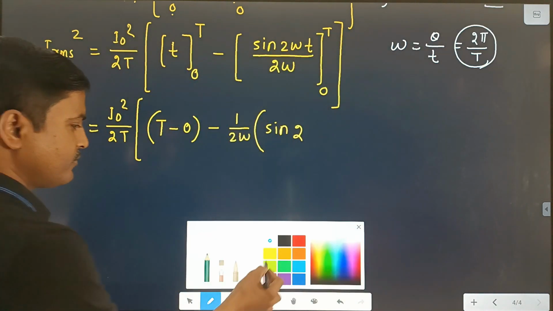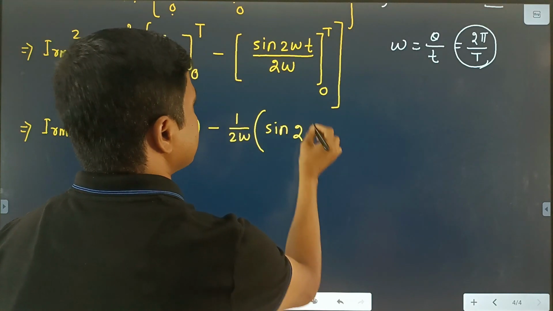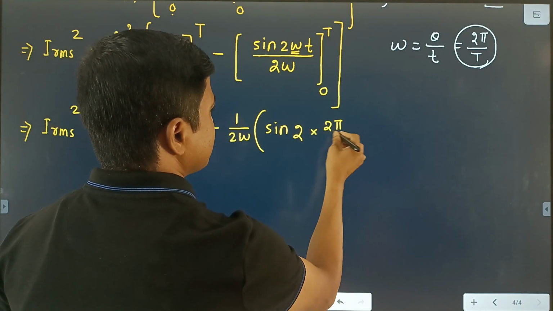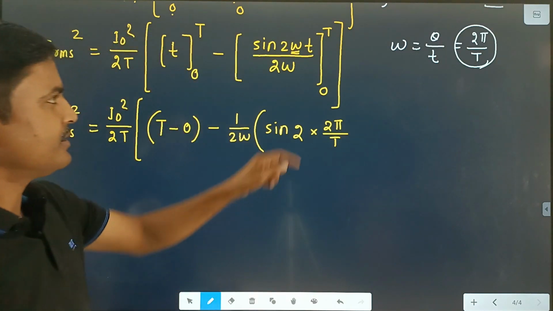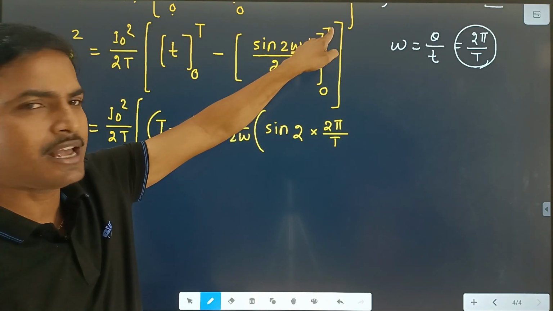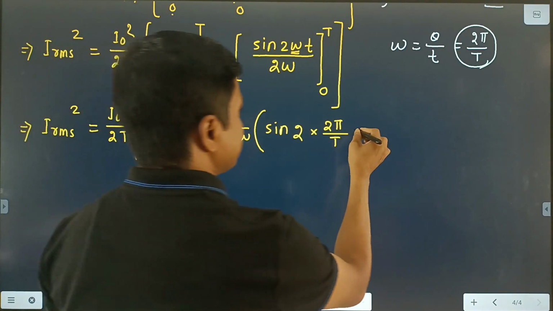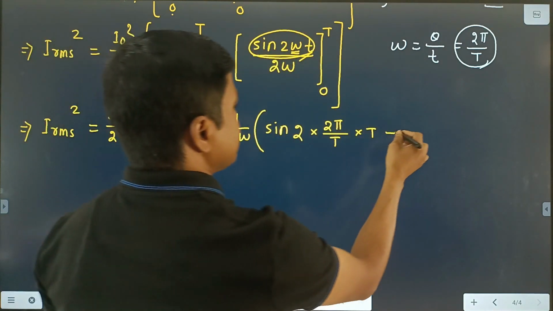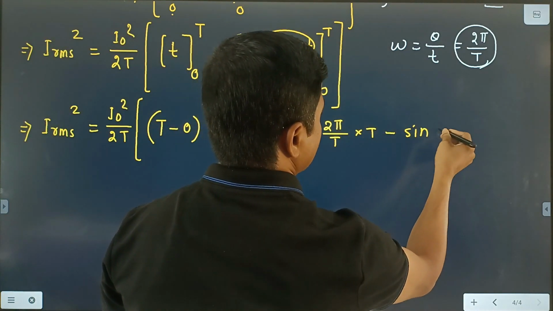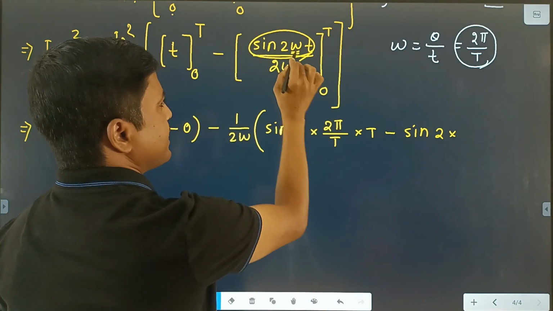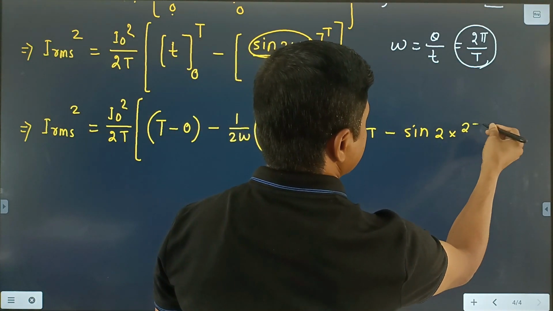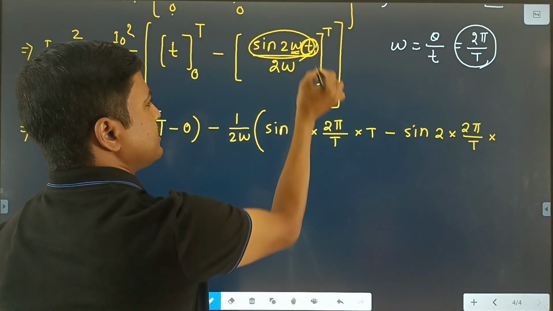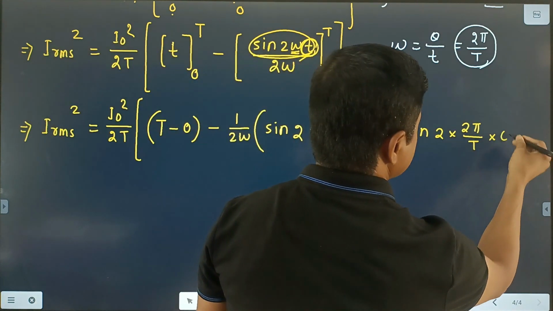So in place of omega we write 2 pi divided by T. Then in place of small t, first we put the upper limit, capital T, then minus, we write sin 2, in place of omega we put 2 pi by T multiplied by, in place of small t we put the lower limit 0.